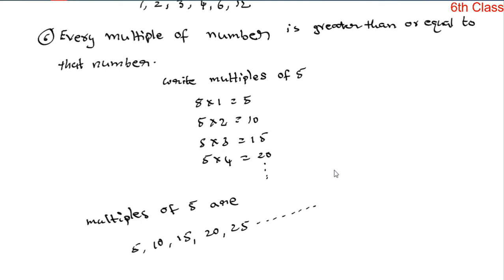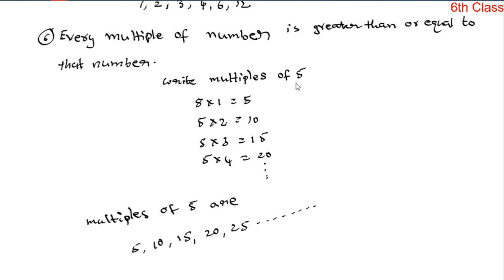In fact, multiples of a number are obtained by multiplying it by 1, 2, 3, 4 and so on. Therefore, the smallest multiple of a number is the number itself. The smallest multiple of 5 is 5, so 5 is a multiple of 5. Hence, every multiple of a number is greater than or equal to it. 5 is equal to 5. 10 is greater than 5.